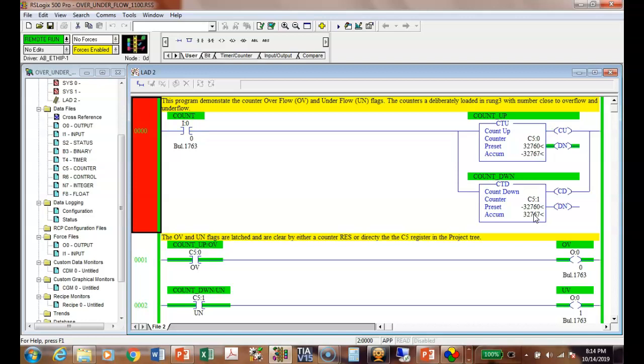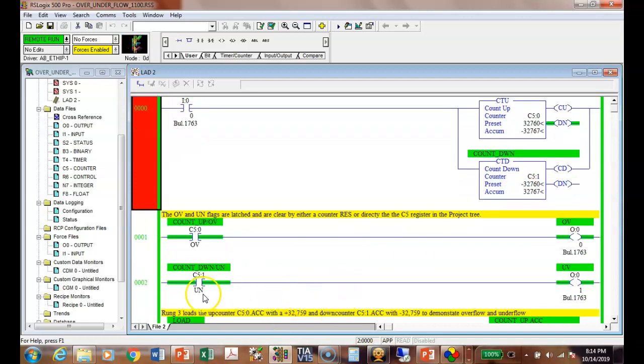Now, because this got to go one past, right? So what happened to this one? It started off negative, and now it switched over to positive, and what did we get? We had an underflow. So that's the 2 additional bits that we would monitor with counters. And what do these tell us? Well, these tell us we exceeded the range of our signed numbers.